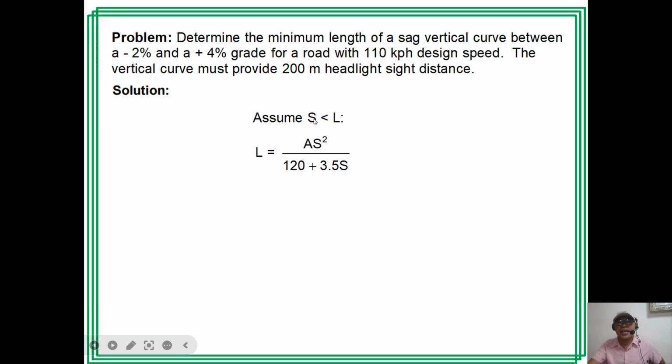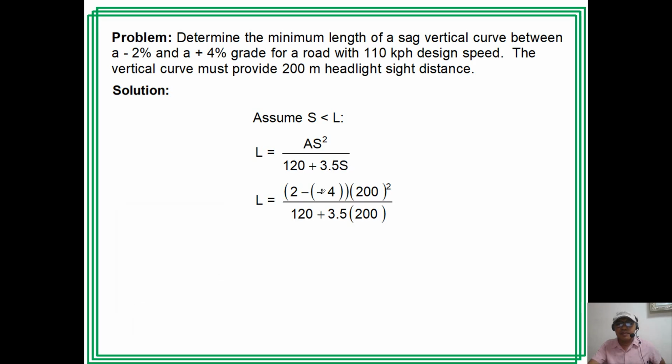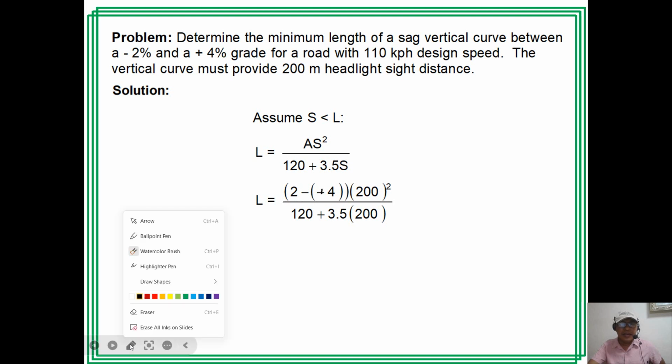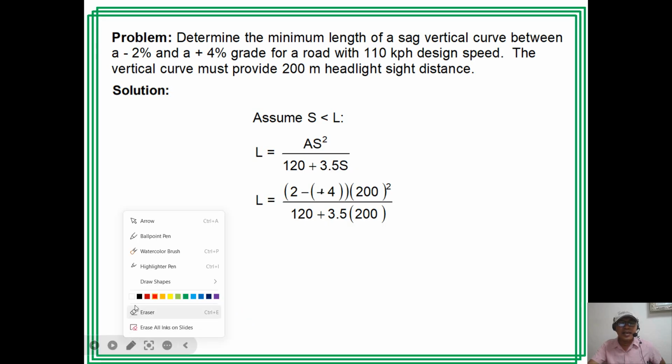So using the formula when S is less than L, L is to be solved. So we have 2. I think I made a mistake here. So it should be 4 minus negative 2. Let us just correct this, using an eraser.